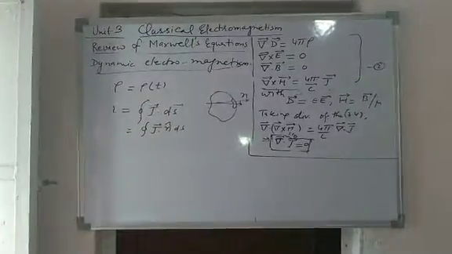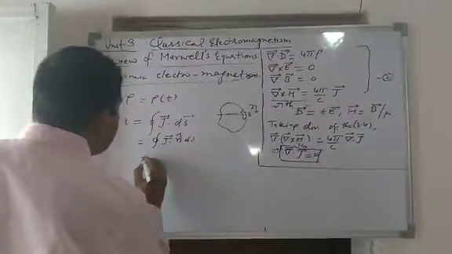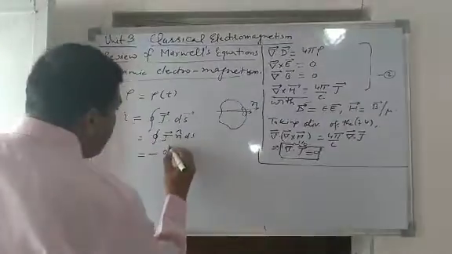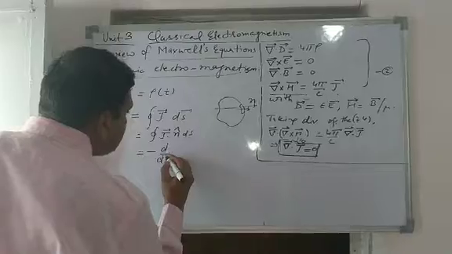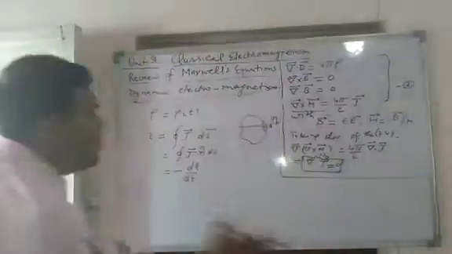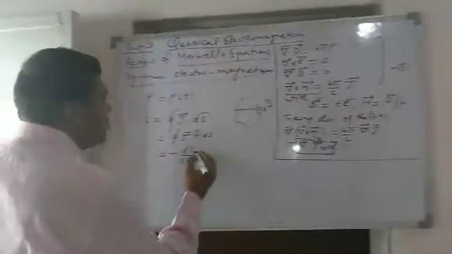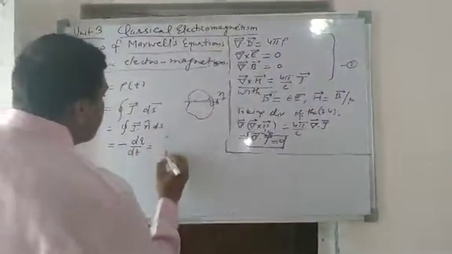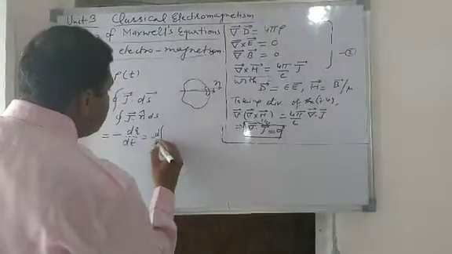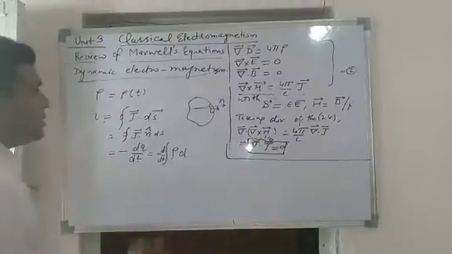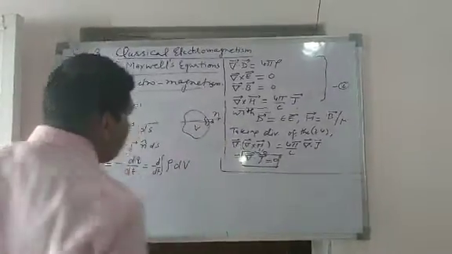Now this current should essentially be the loss in the charges. The rate of loss of charge from the medium should be given by the outward flow of the current. So this is minus dq by dt, which is minus d by dt of q, and q is nothing but the charge density times the volume.